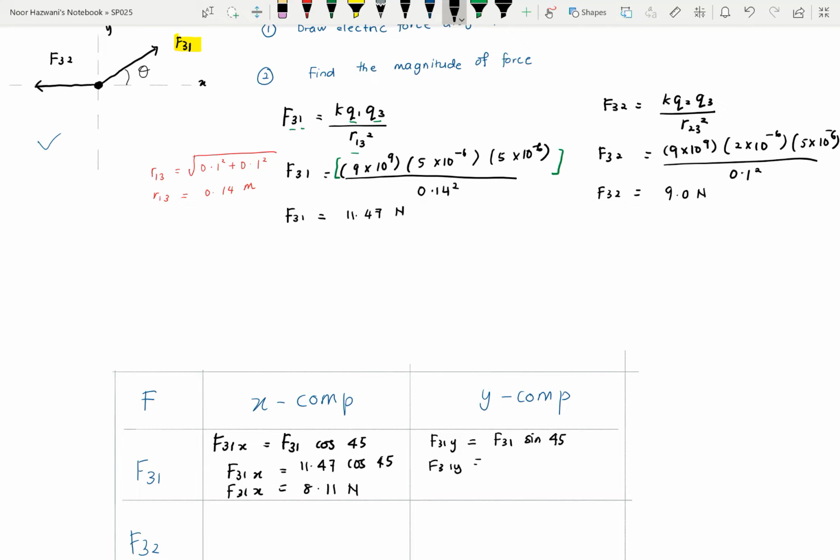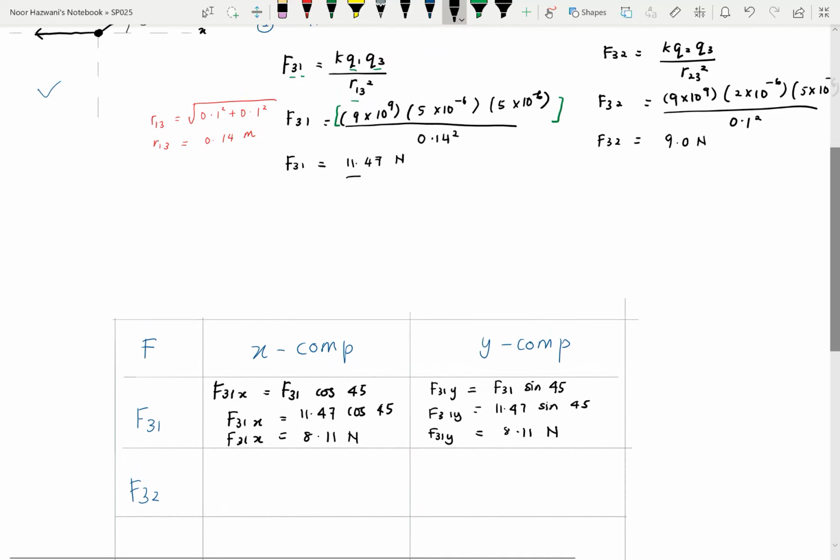So F31 you dapat kat sini is 11.47, and then sin 45, and then you will get F31y would be equals to also 8.11 Newton. And then be careful with the sign convention. Since F31 ini, you tengok dia punya arrow dia duduk pada first quadrant. So both x component and y component dia adalah positif.